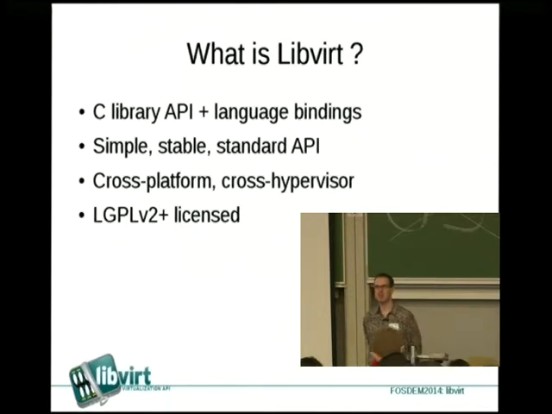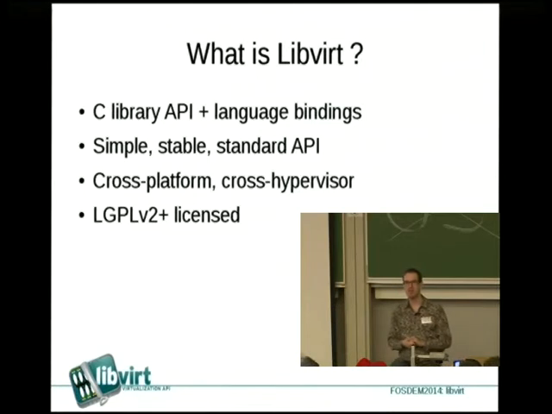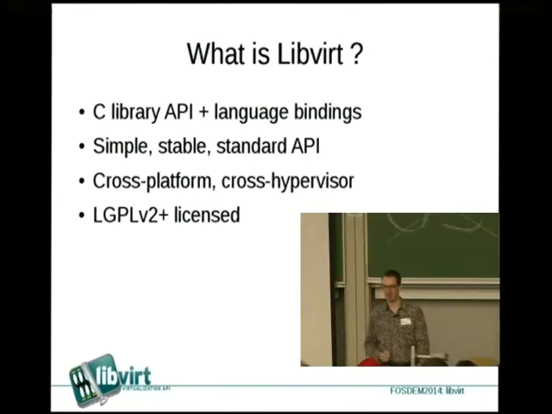We try to be a pretty simple to use API. One of our big selling points is that we are a stable API, and that means in the entire 8 years that Libvirt has been going, we've never broken the API in an incompatible manner. So if you write an application today, the goal is you should be able to run that same application against Libvirt in 10 years' time without problems.